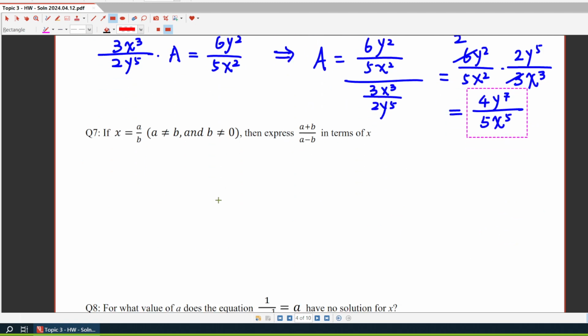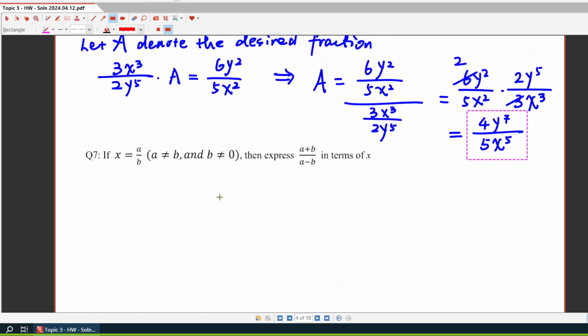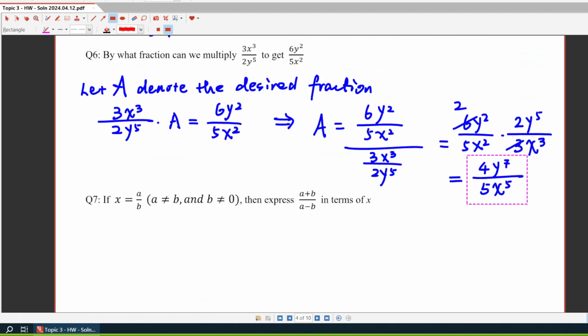All right, then number 7. Okay, if x equals a over b, a is not b and b is not 0, then express a plus b over a minus b in terms of x. Okay, we can say because b is not 0, x equals a over b, right?